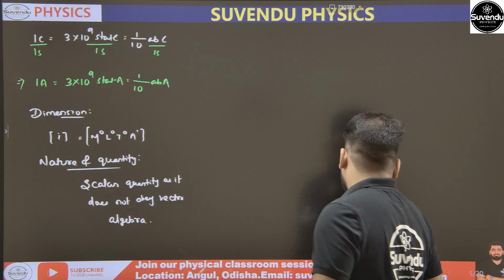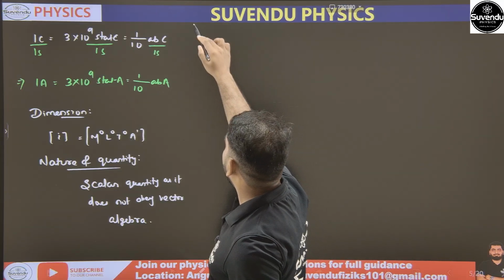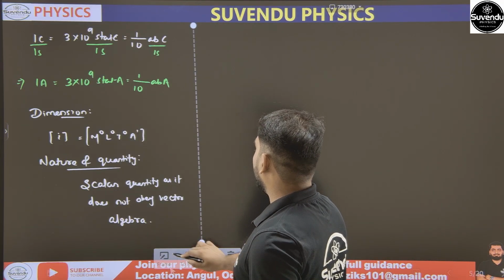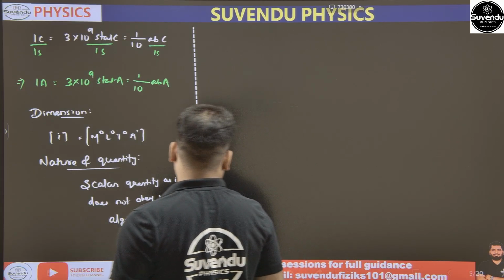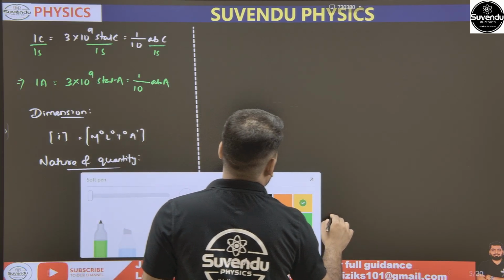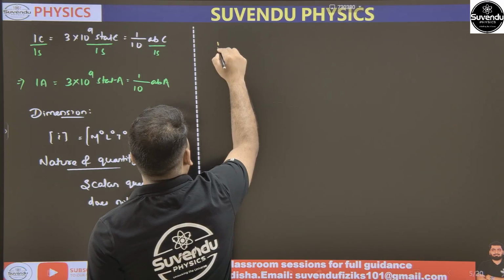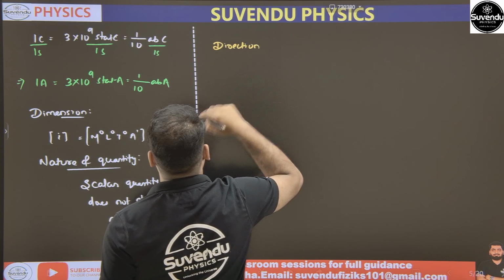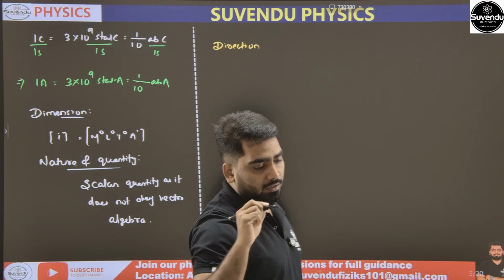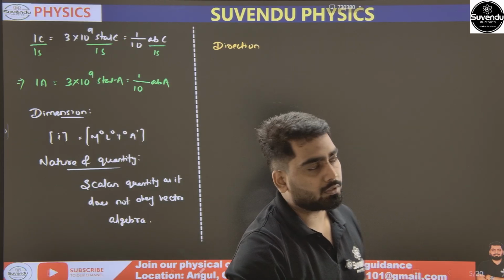Next is direction. The magnitude is done: I is equal to Q by T, equal to NE by T. And there is another formula, we will discuss it later. So now, the direction of electric current. From the Q by T formula, we can calculate the magnitude of electric current.